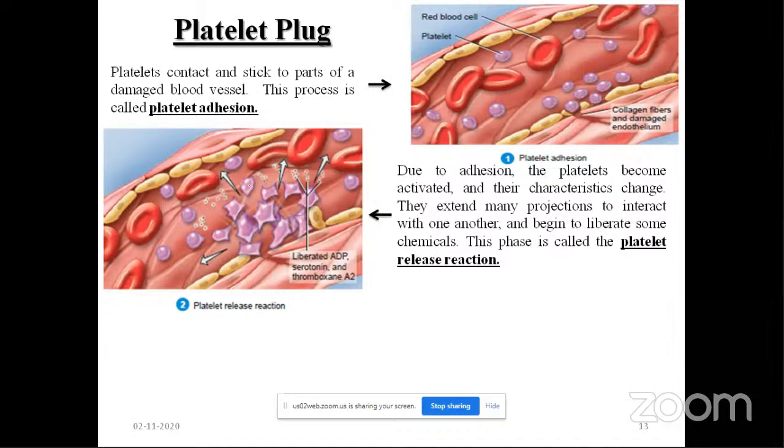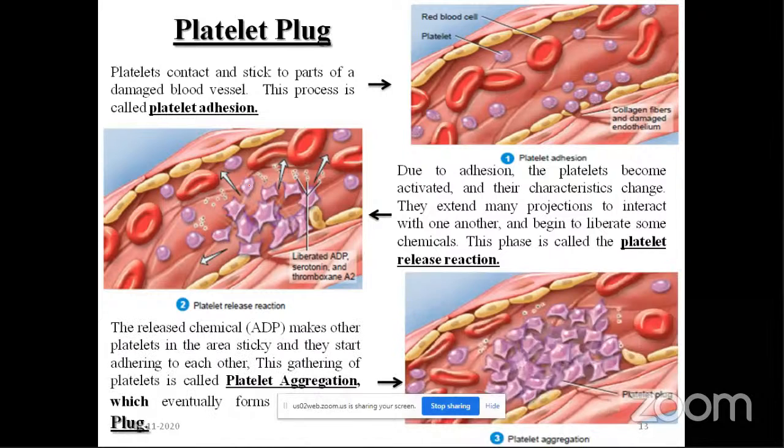The liberated ADP, serotonin, and thromboxane A2 make the platelets very sticky, and these platelets aggregate and accumulate, and form a primary platelet plug. Sorry, it is unstable. It is a primary hemostatic plug, or the platelet plug.